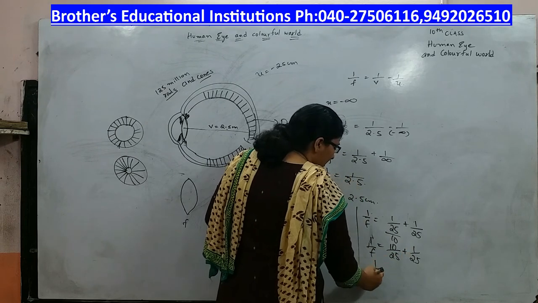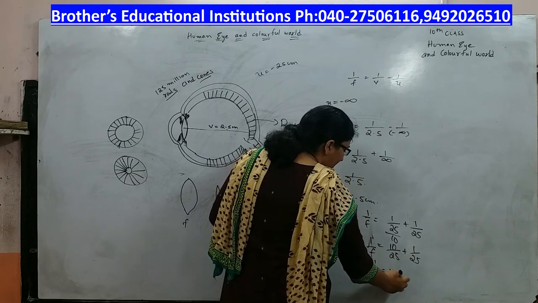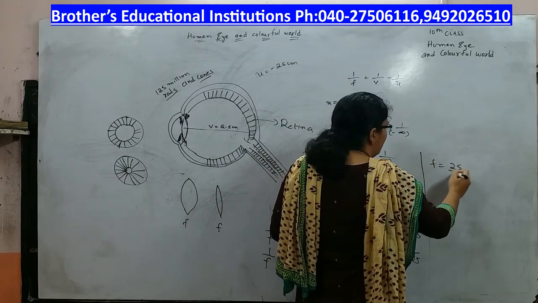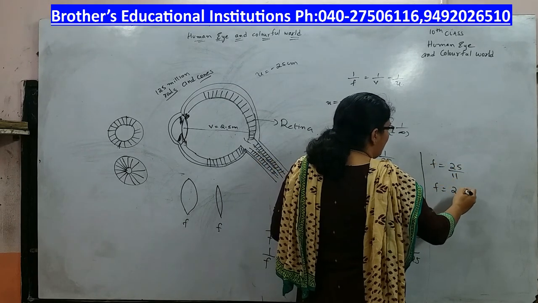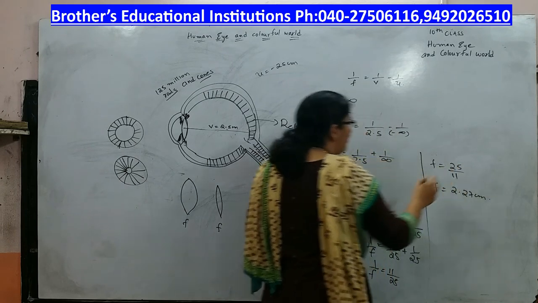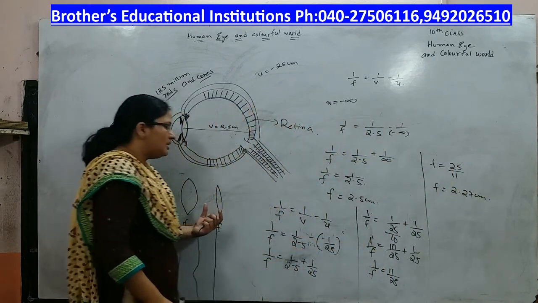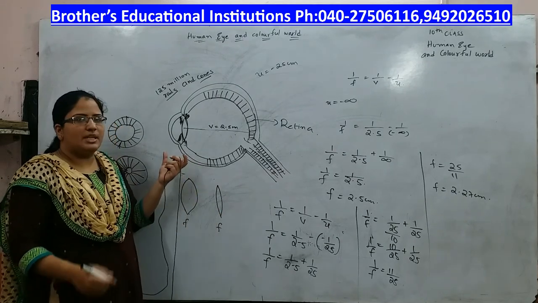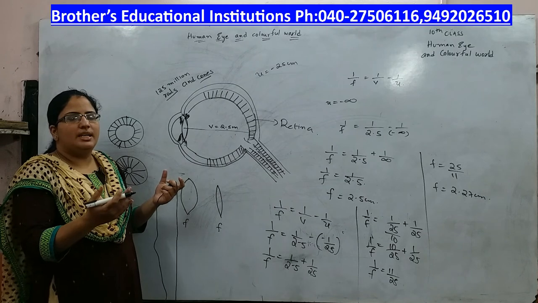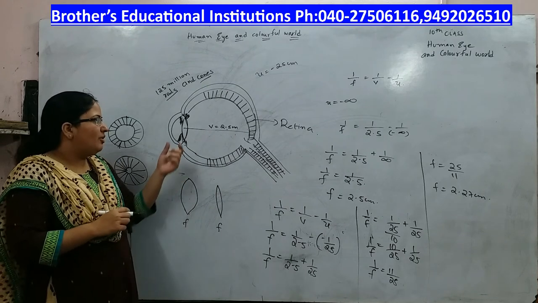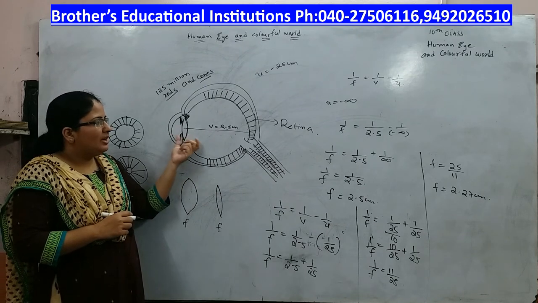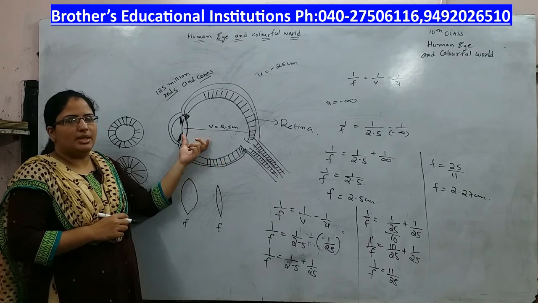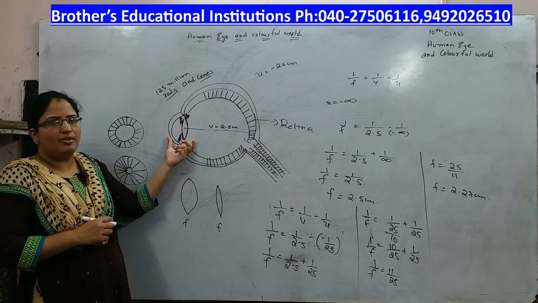So 1 by f is equal to 11 by 25, f is equal to 25 by 11, f is equal to 2.27 centimeters. So the minimum focal length that the eye lens can have is 2.27 centimeters. Whenever the object is between infinity and the least distance of distinct vision, the focal length of the eye lens varies between 2.27 and 2.5 centimeters. So that's about the changing of the focal length.